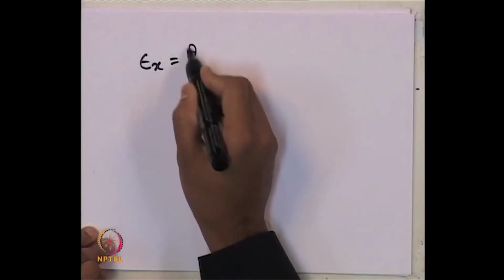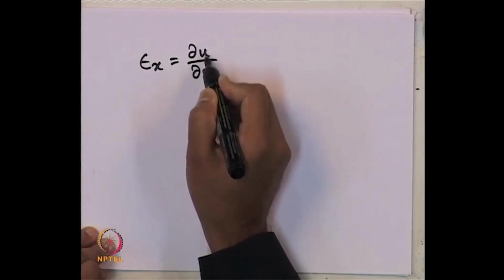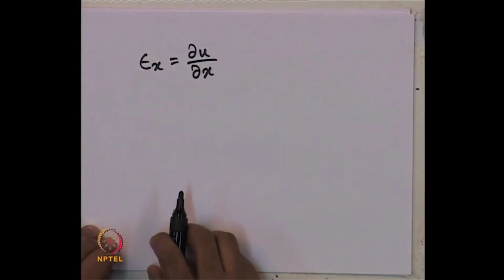And the strain we know, strain epsilon x is given as del u by del x, because u is the movement and x is the direction we are considering.